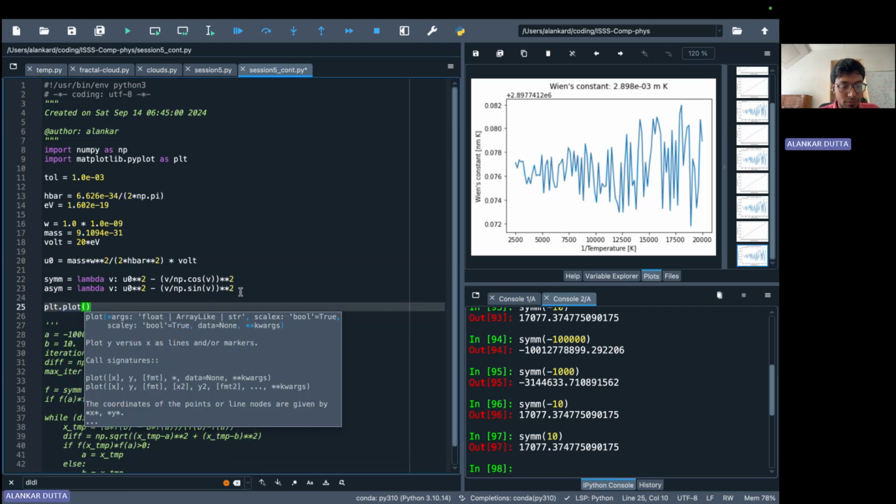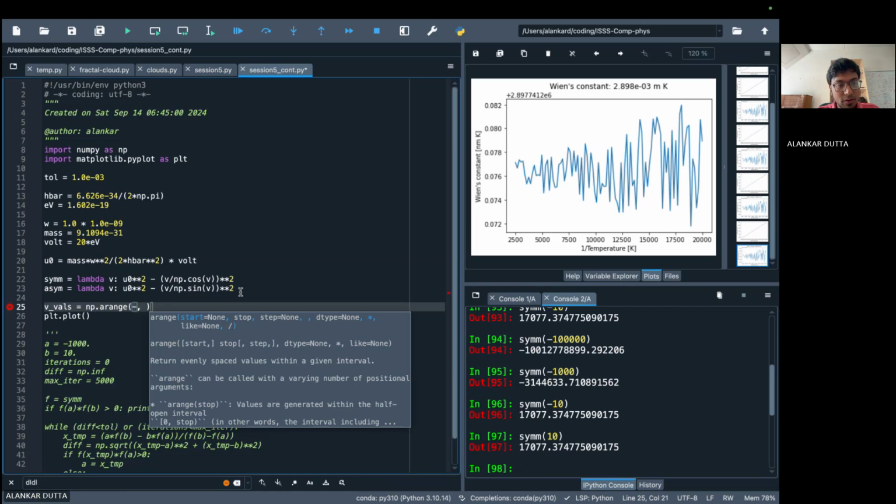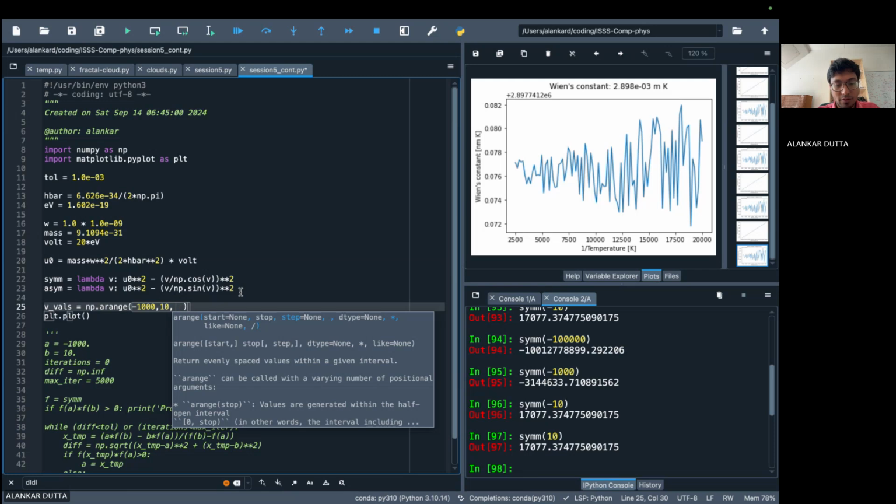First, we are going to plot B. So let's say the x values, which are the v values in here, v vals equals, say, a range minus 1000 to plus 1000, 5000 points.